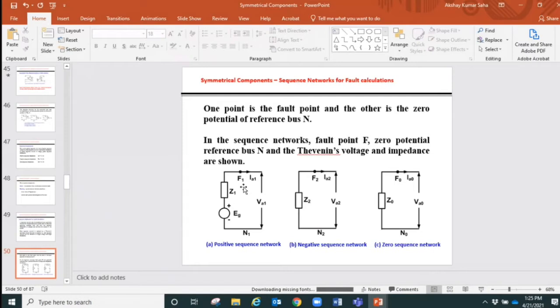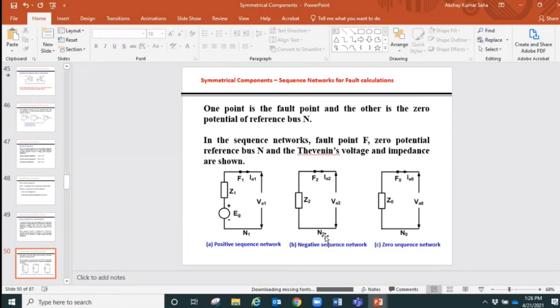In positive sequence network, we show it as F1. When you go to negative sequence network, we show it as F2. When we go to zero sequence network, we show it as F0. So if we look at our diagrams, sequence networks, they have all the respective parameters in them: N1, Z1, IA1, VA1, F1, and so on.